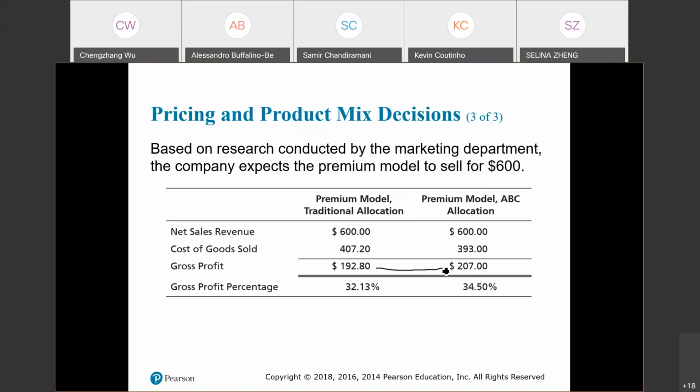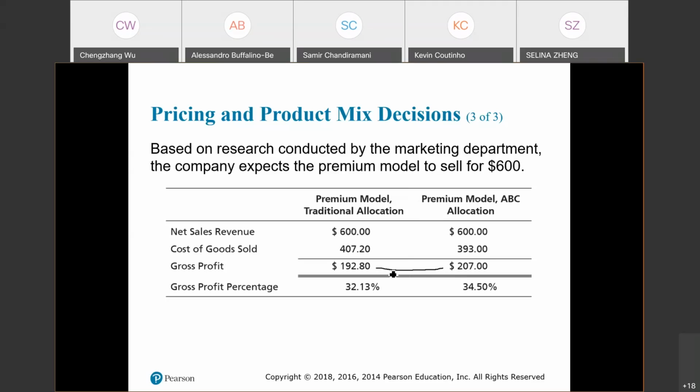And when multiplied by the expected sales units, the gross profit could increase almost $7,000. That is $7,100.